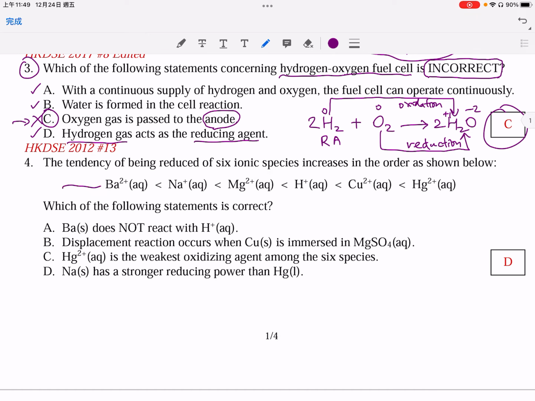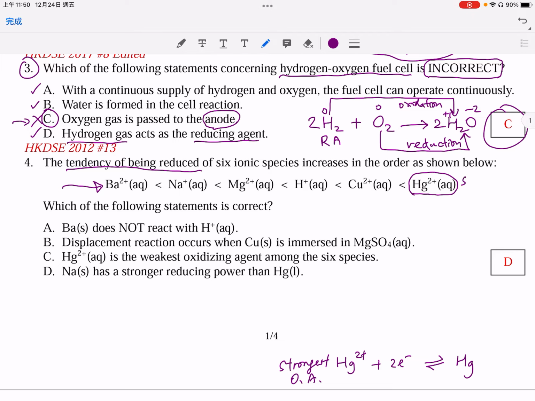From the information provided, as this is arranged in the order of the tendency of being reduced, mercury to iron has the highest tendency to be reduced. That means Hg2+ is in fact the strongest oxidizing agent because it will undergo reduction like this to become mercury.